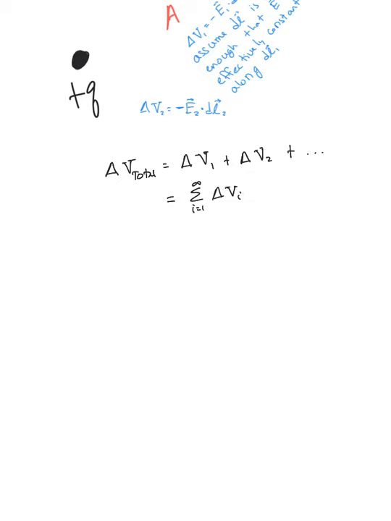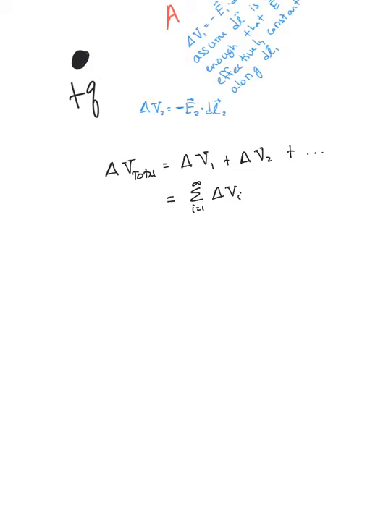And the infinity comes from the fact that our goal should be to make dl infinitely small, such that our assumption that E is effectively constant becomes actually true. If I make dl infinitely small, right, then E is actually constant over an infinitely small distance, right? And so you can turn this sum into an integral.